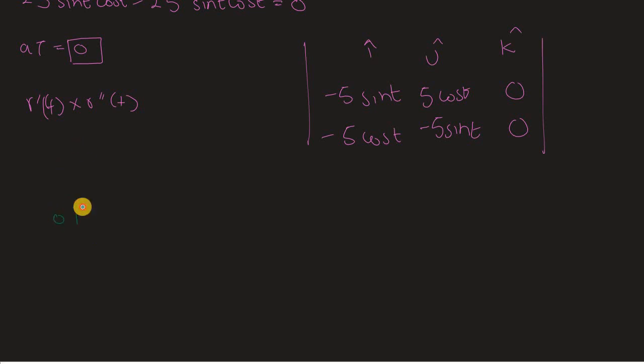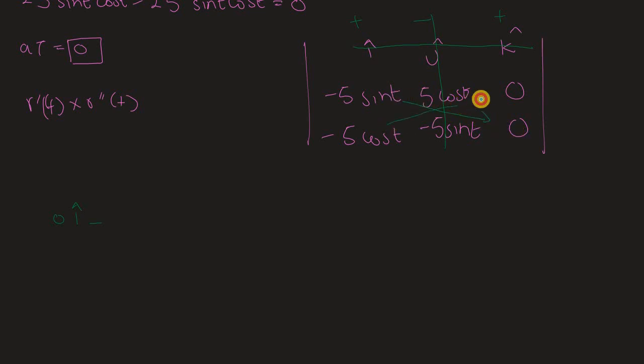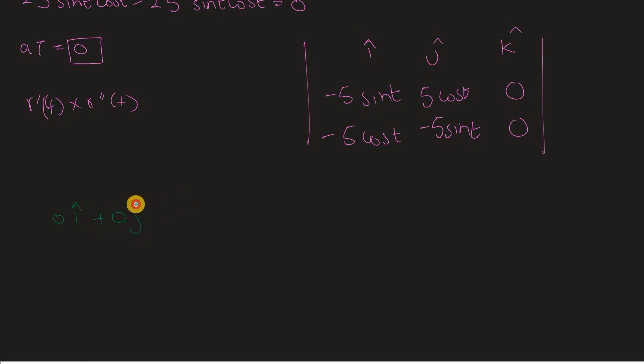This times this gives 0, and then negative this times this gives 0 again, so this is simply 0 i hat. Remember the signs are plus, minus, plus, so for the j column you have to put a negative. Crossing out the j column and the j row, we do the cross multiplication again. This times this gives 0, and negative this times this gives 0 again, so this is 0 j hat. You can write negative or plus, it doesn't matter here because it's simply 0.